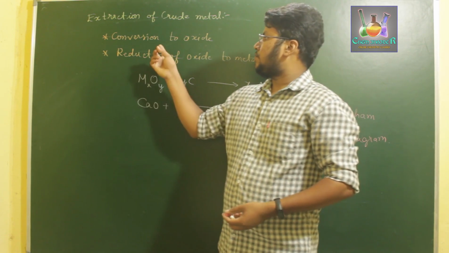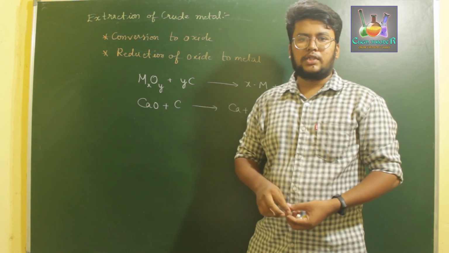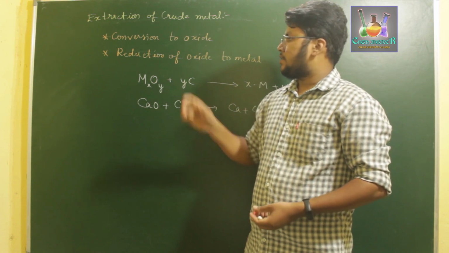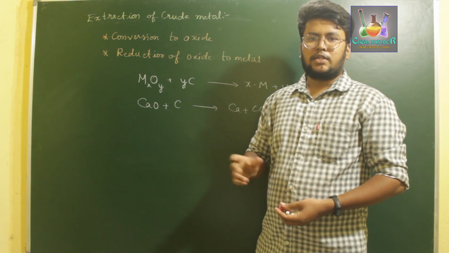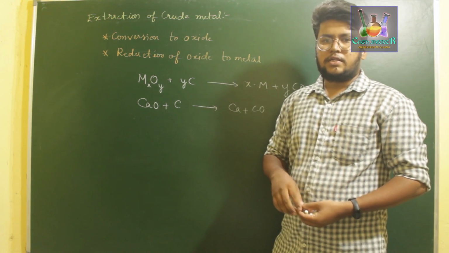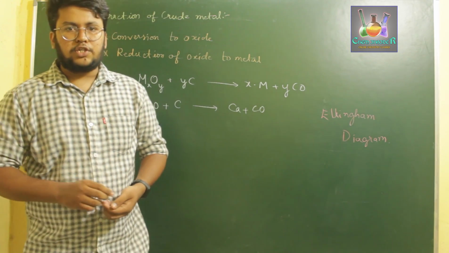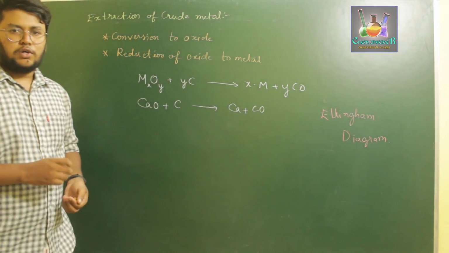So that involves two steps. One is conversion of our metal to its metal oxide. The second one is reduction of our metal oxides to the respective metal. The conversion is done by two processes: calcination and roasting.